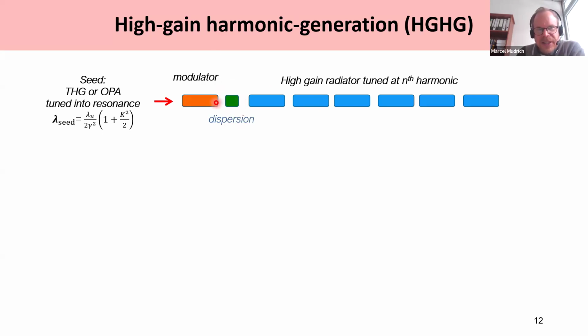And the trick is now that the first undulator, which is called the modulator, is tuned exactly in resonance with the seed, which is typically in the UV, because it's still quite easy to produce femtosecond laser pulses in the UV range, for example, by third harmonic generation, THG.